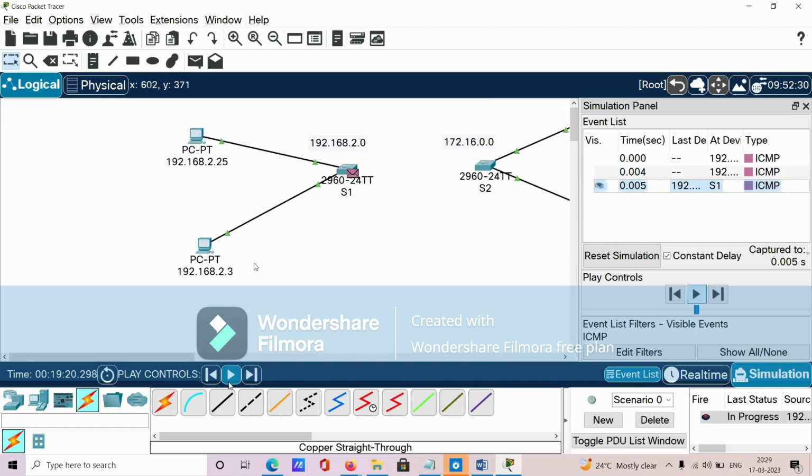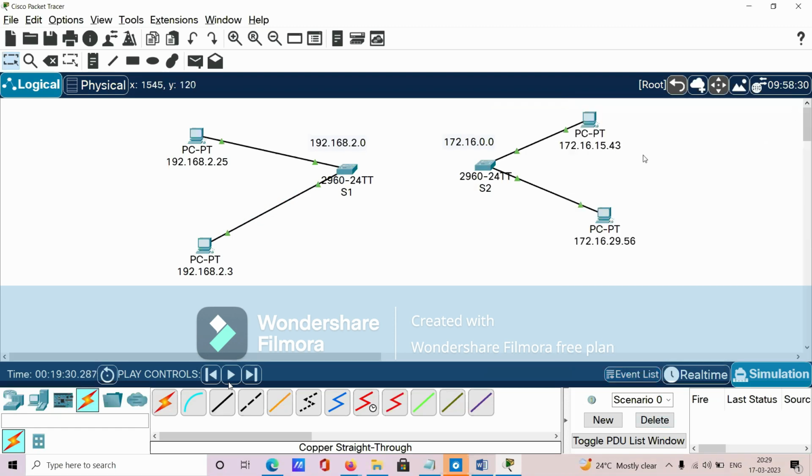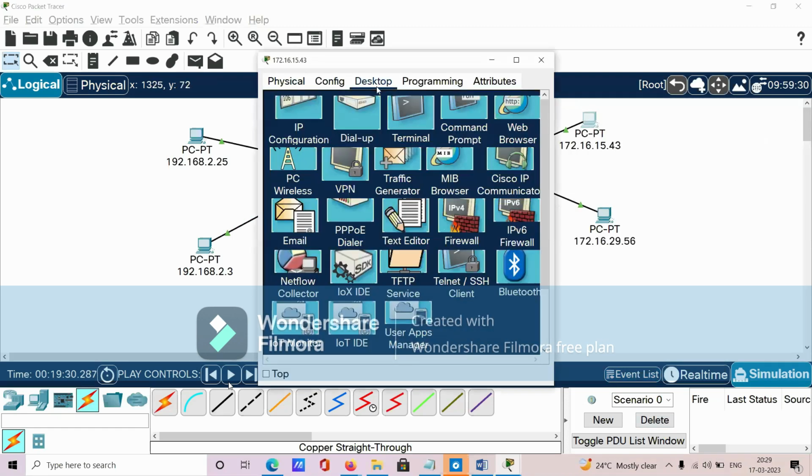They are able to connect, they are able to communicate because they belong to the same network. So that's the reason I can share the file, I can send a file, I can do anything in this. Same is the case with these computers also.